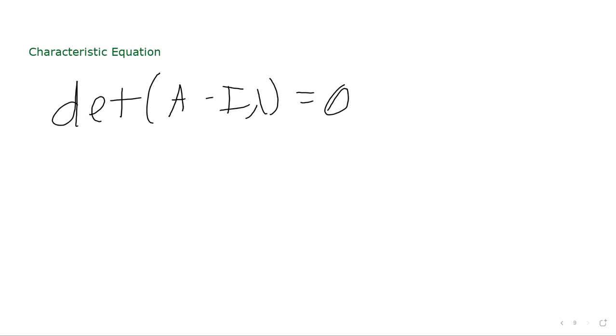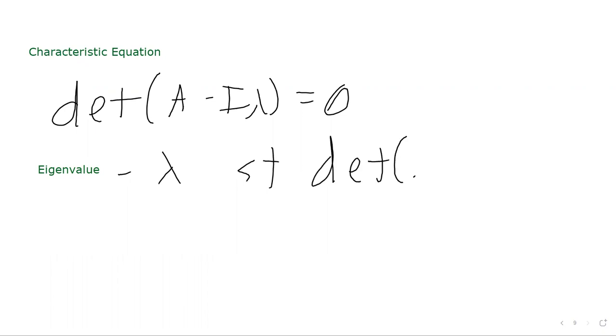Now, what is an eigenvalue? It's going to be those λs that make this determinant zero. By the way, determinant is just a value, it's not a vector, so we don't need the zero vector there, it is just a 0. And then what is the eigenvector?